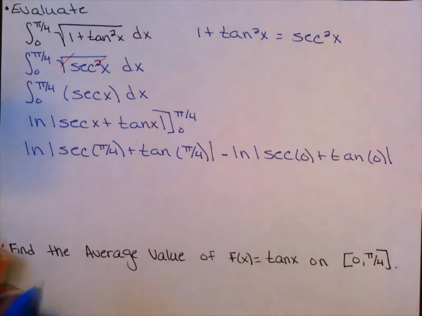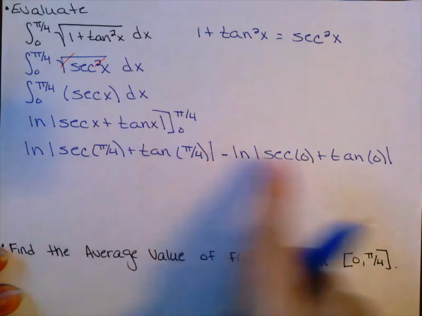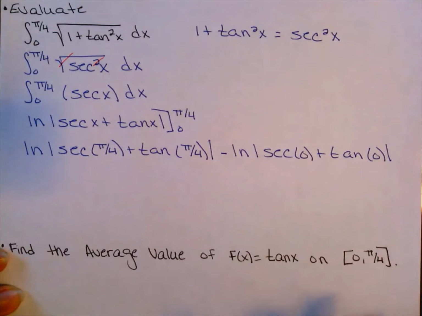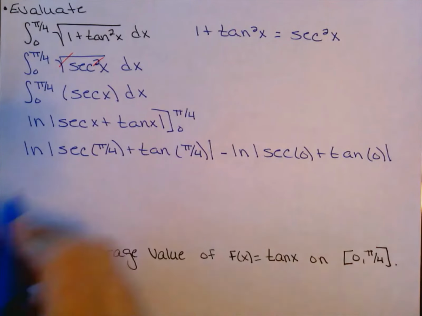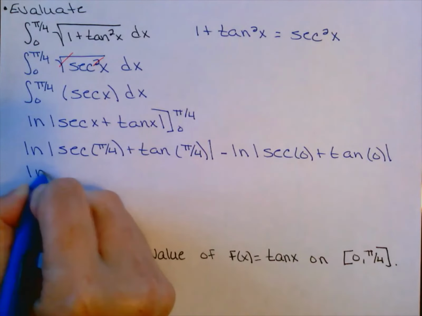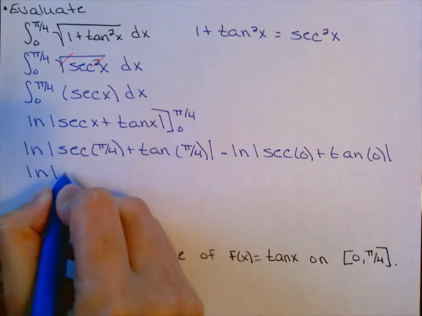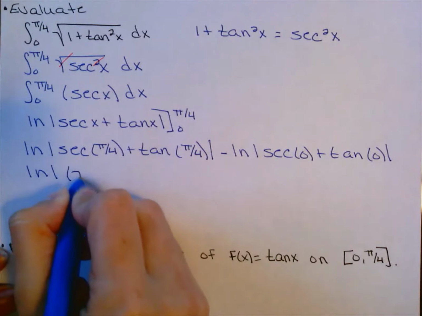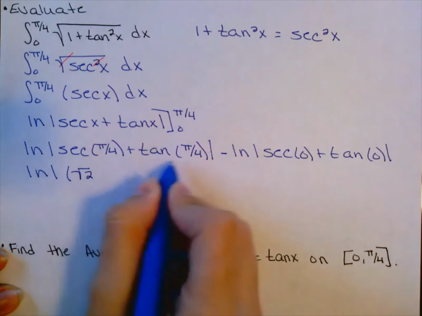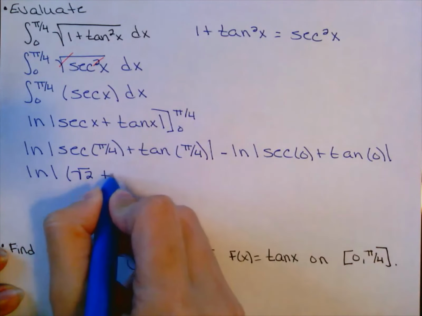Now, on a free response question, we can usually stop at the f of b minus f of a, but because I have trig functions, I do have to continue. So I have ln, absolute value, secant of pi over 4 is radical 2. And then tangent of pi over 4 is 1.